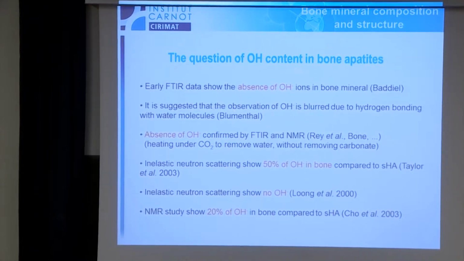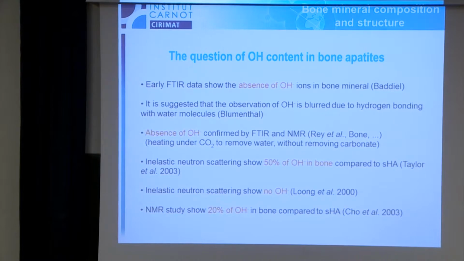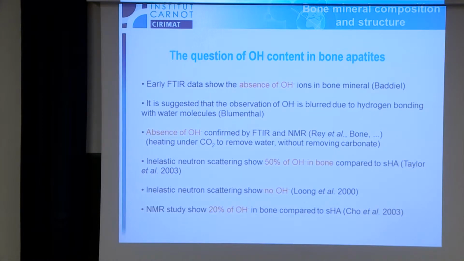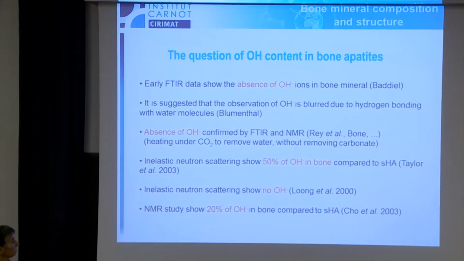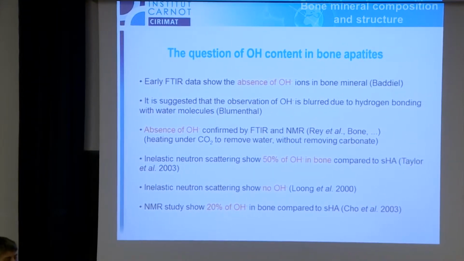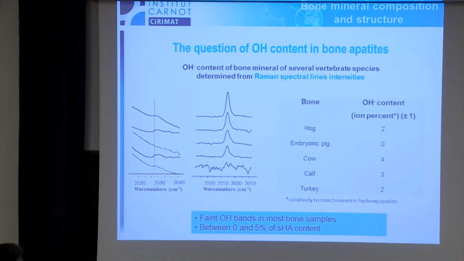You can see that some studies show that there is no OH in bone mineral, whereas other studies show almost 50% of hydroxide in bone compared to stoichiometric apatites. Here it is 20%. So there is much controversy on the OH content in bone mineral, in bone apatite.